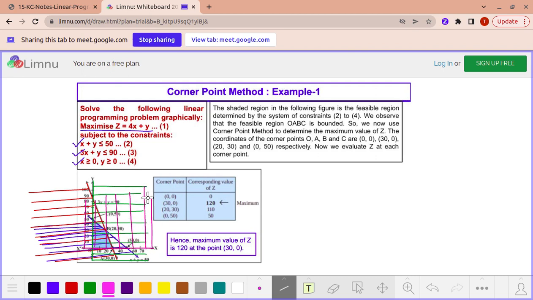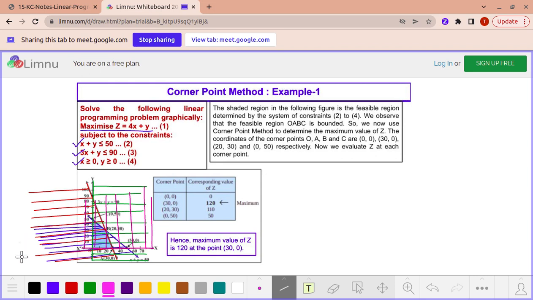Okay. Now, as all these constraints have to be satisfied at the same time, our feasible region will be the region where all these 4 regions overlap. That is the blue, the red, the green, and the pink. All have to overlap simultaneously.